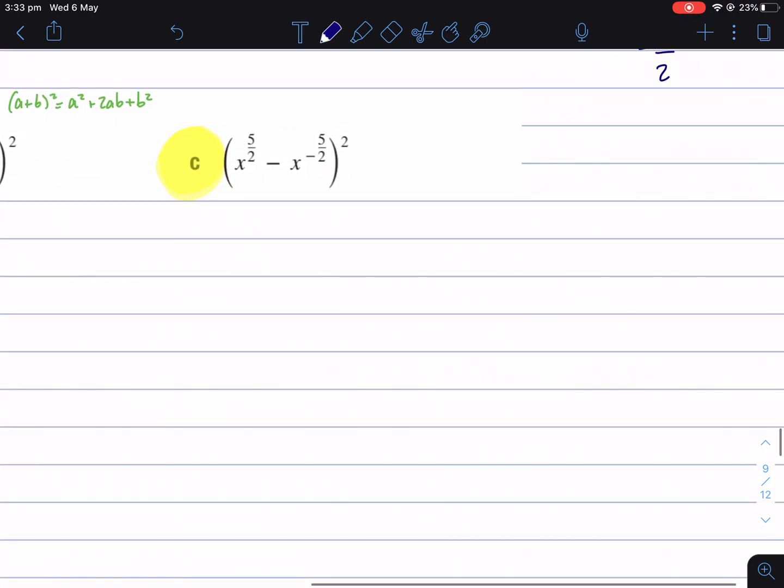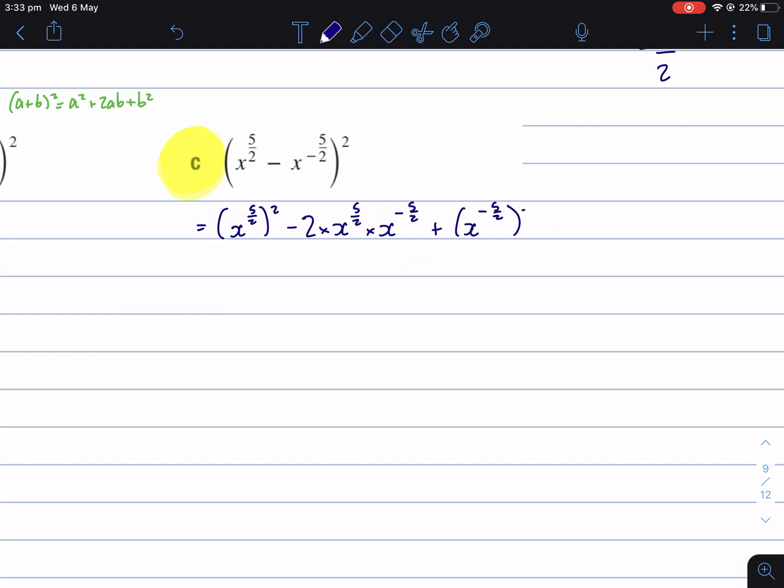Okay, now this one we're going to have x to the 5 on 2 squared. Take 2 times x to the 5 on 2 times x to the negative 5 on 2 plus x to the negative 5 on 2 squared, which gives us x to the 5 on 2 times 2, take 2x to the 5 on 2 plus negative 5 on 2, plus x to the negative 5 on 2 times 2, multiply x to the 5.